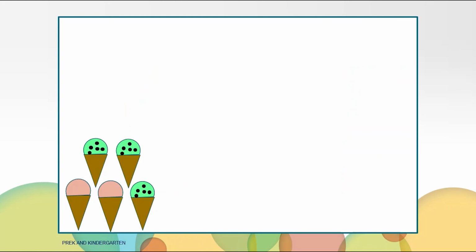I could have 3 strawberry and 2 mint chocolate chip. I could have 2 strawberry and 3 mint chocolate chip. Or I could have 4 strawberry and 1 mint chocolate chip.